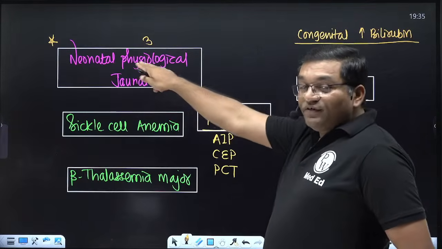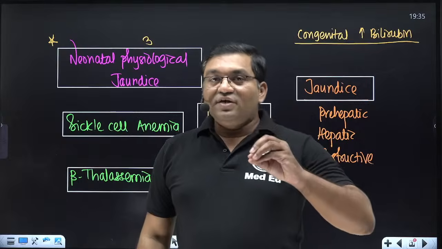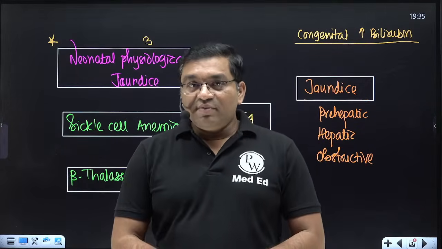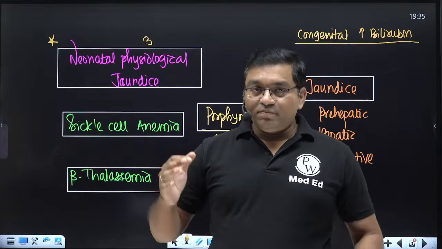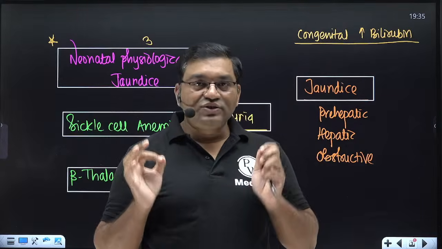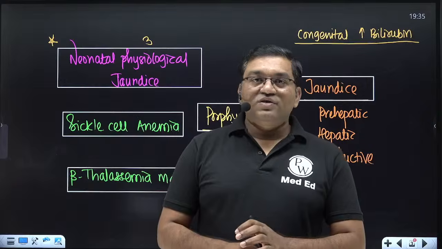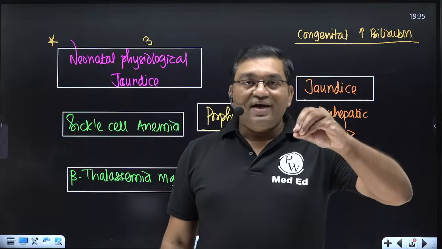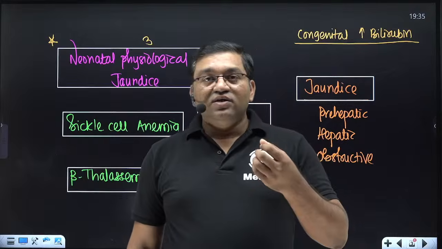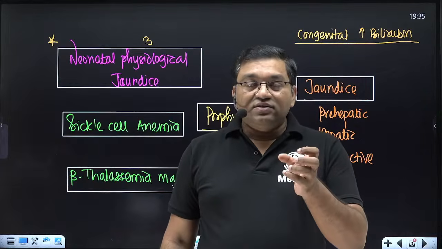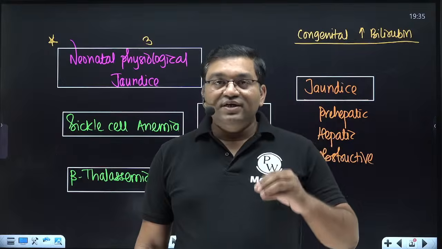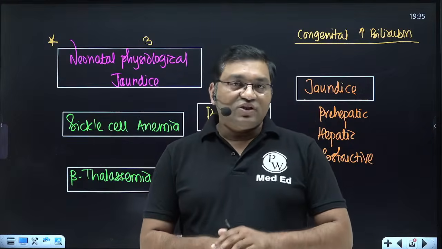So neonatal physiological jaundice means jaundice typically appears on the third day of life. Remember, when the jaundice is within 24 hours after the birth, it is known as pathological jaundice. The most common cause of pathological jaundice is RH incompatibility, meaning the mother's blood group is negative and the baby's is positive. So it is the RH incompatibility and ABO incompatibility. These are important causes of pathological jaundice.